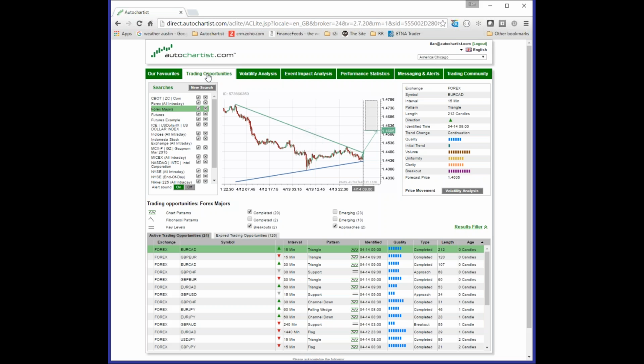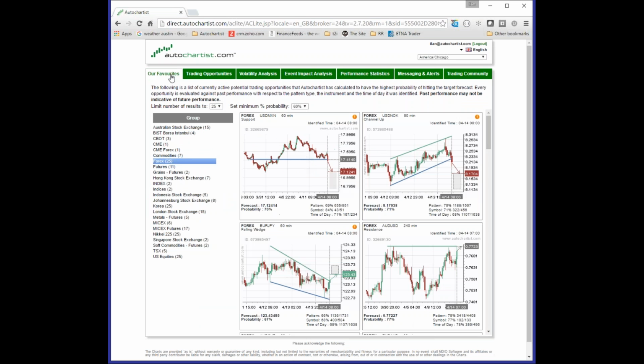You can do that in two ways. You can either go to the performance statistics pages, print them out on a piece of paper next to you and have them on your desk, or if your broker offers you the premium Autochartist service with the Our Favorites section, the job is much easier for you. You just click on Our Favorites, and on the top you can set the minimum probability of the opportunities you want to see.